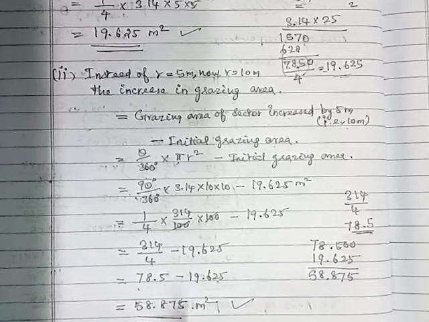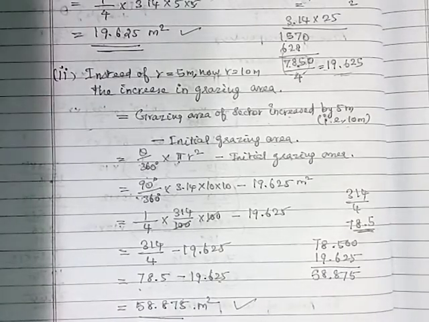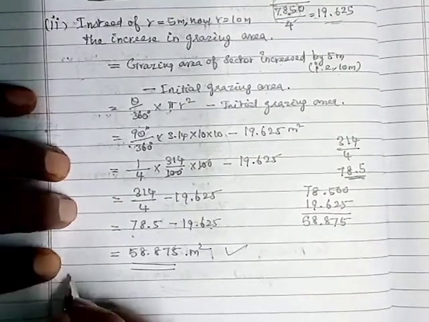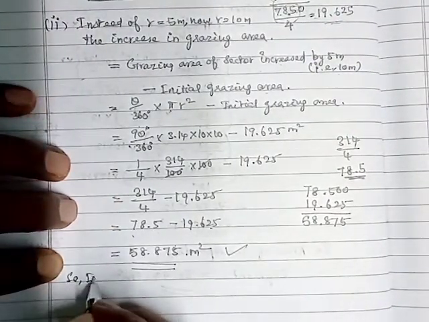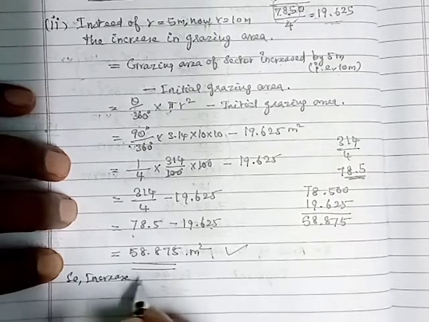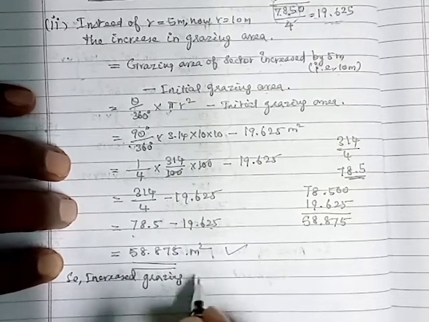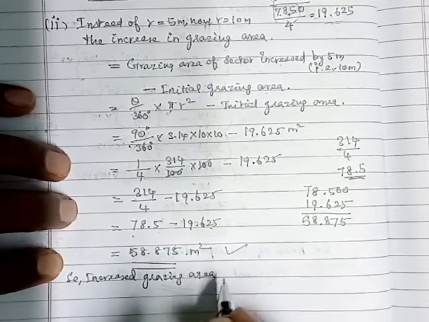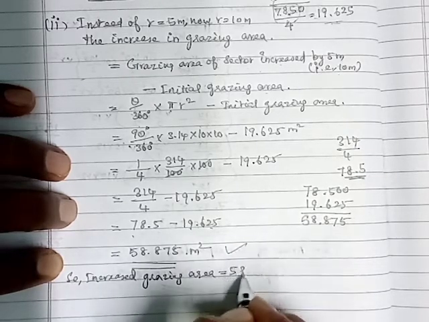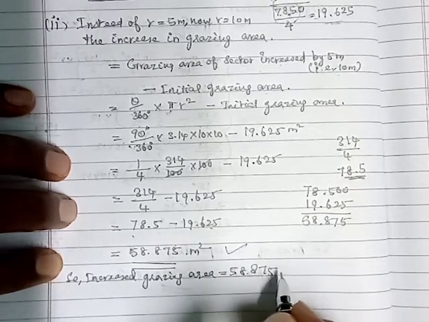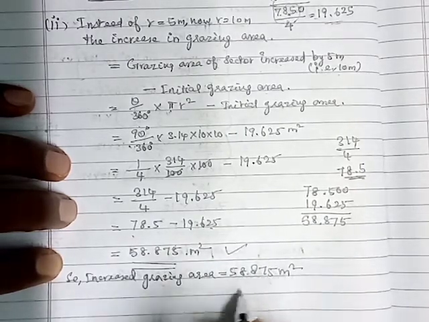This is the increased area. So increased grazing area is equal to 58.875 meter squared. This is the answer.